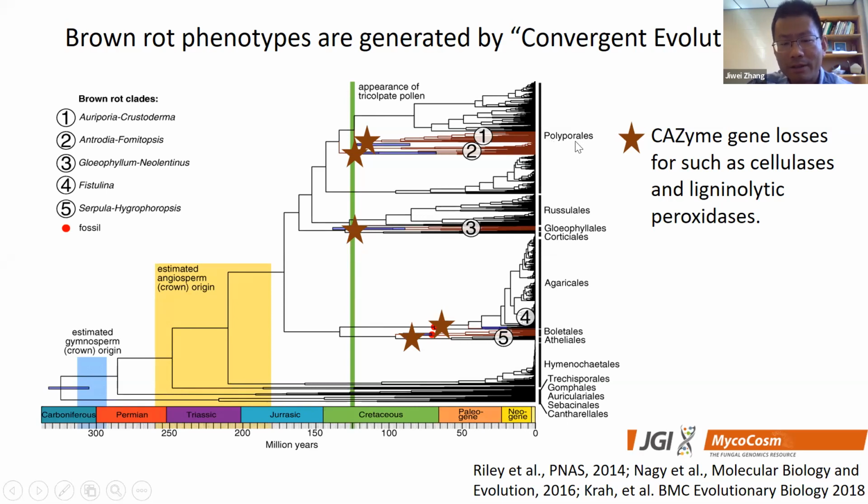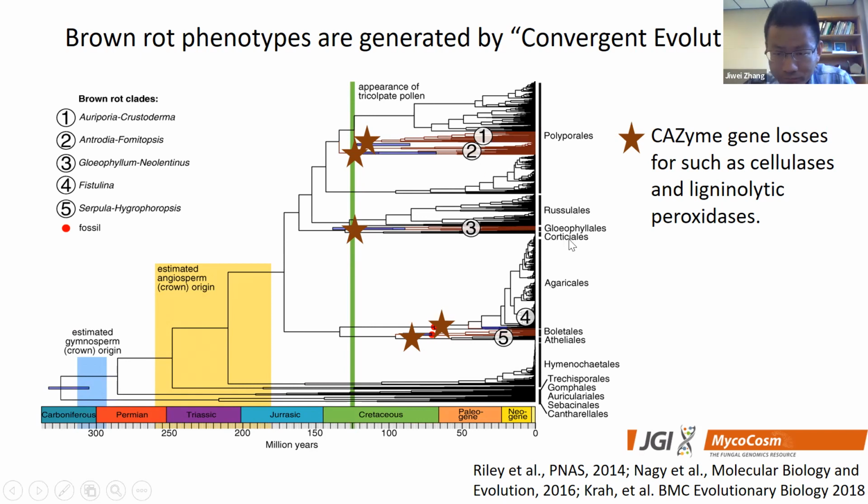If you think about the distance between the number 1 brown rot group and the number 3 brown rot group, actually they are from different orders, right? If you think about this distance in terms of human beings and other animals, it is more like the distance between human beings and a rabbit, right? So hopefully that can give you a clearer view of the relationships of these convergently evolved brown rot clades.